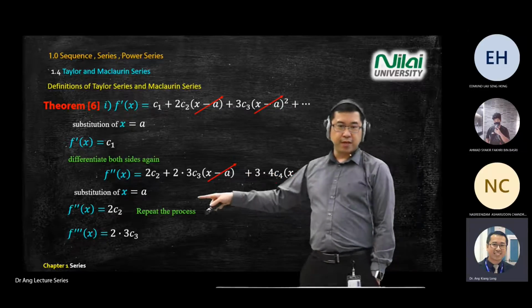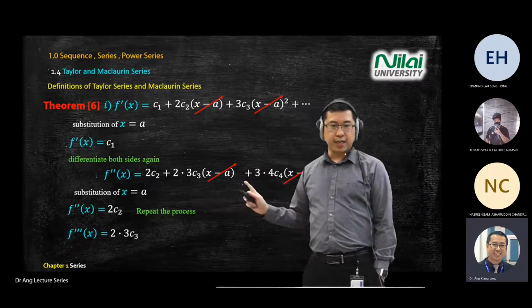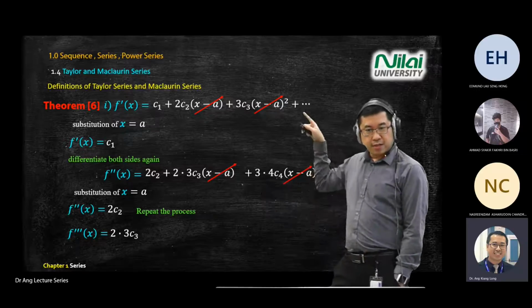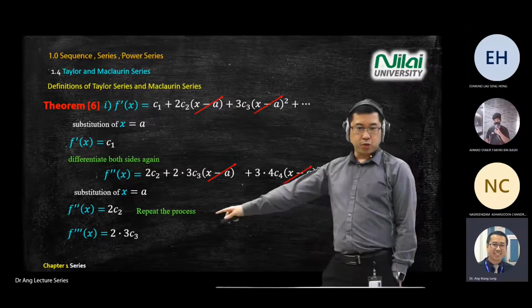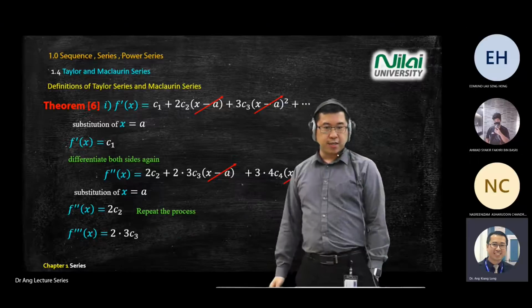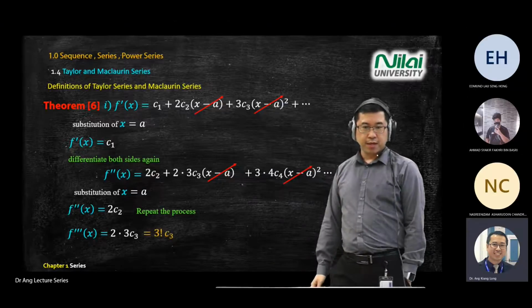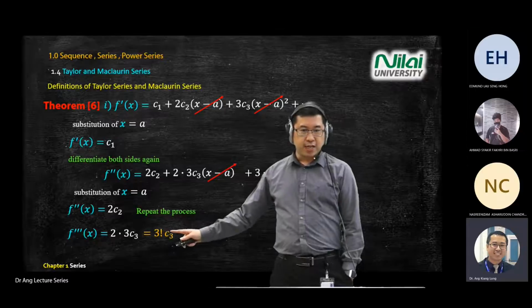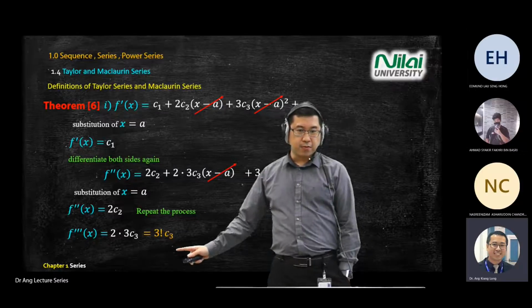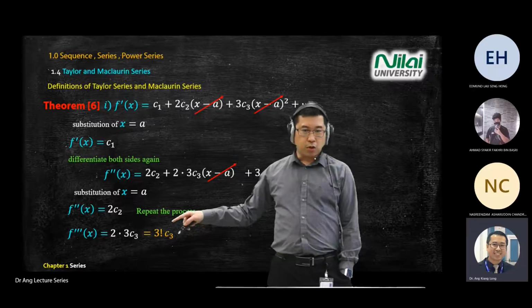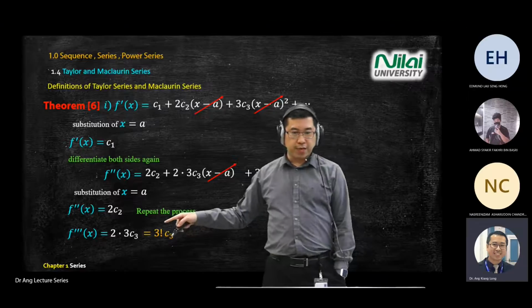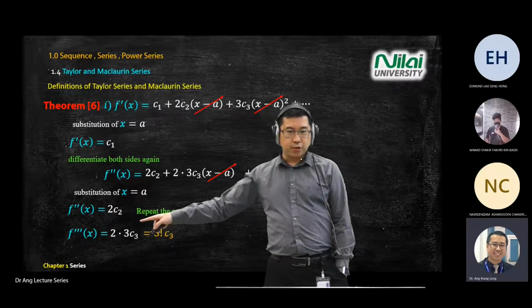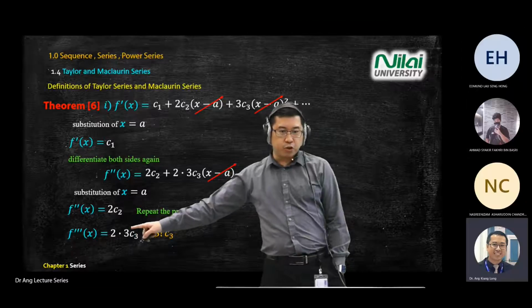And then you replace x equal a in the equation. You can cancel this step and this step. You'll get 2 times 3 times C sub 3. Or you can write in this form, 3 factorial. Go and recall what you learned in Math 1. You can write 1 times 2 times 3.